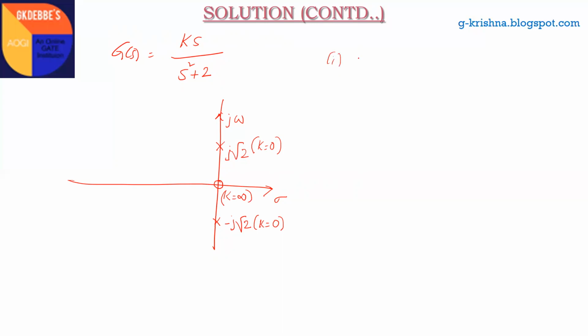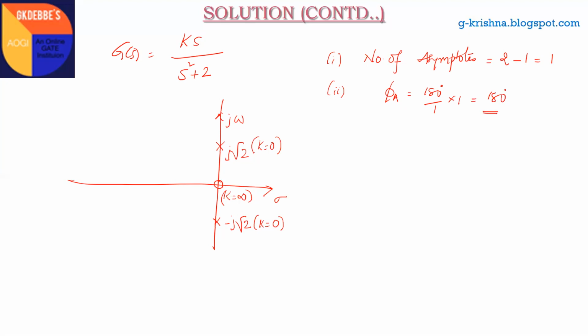It is the number of open loop poles minus open loop zeros. Number of open loop poles is 2, open loop zeros is 1, therefore 1 asymptote, and the angle of asymptote is 180 by number of asymptotes into 1, that is 180 degrees. So the one asymptotic angle is 180 degrees.